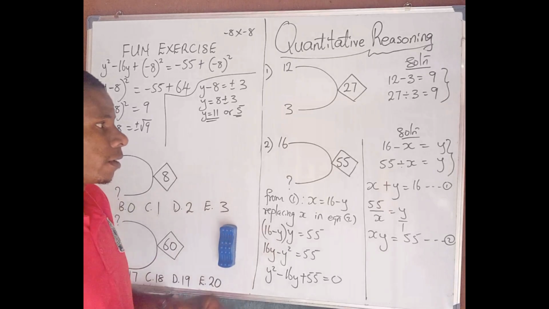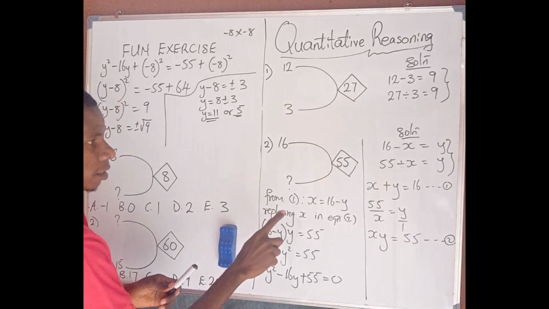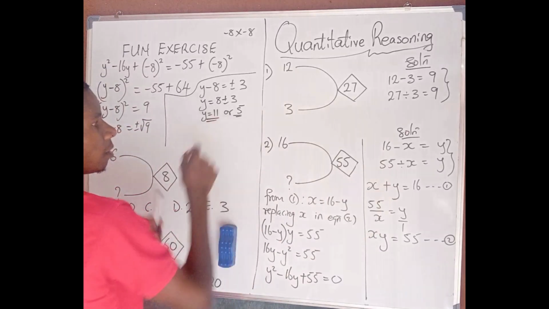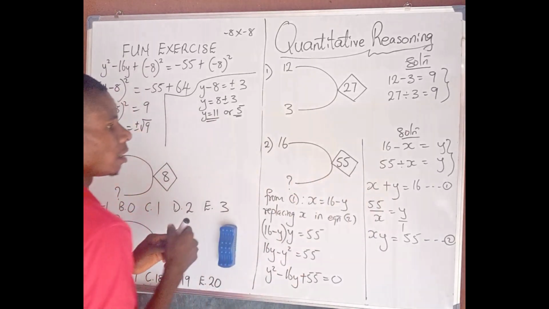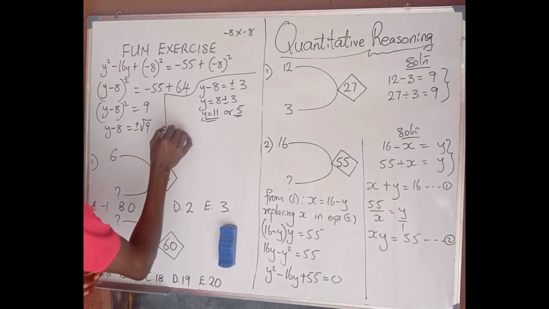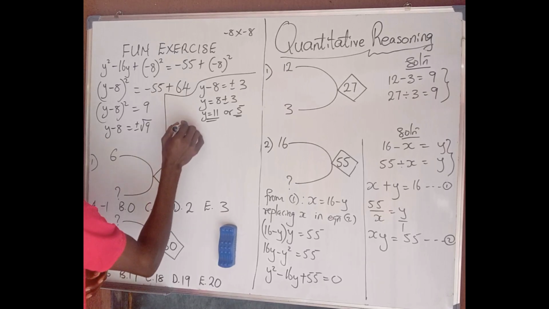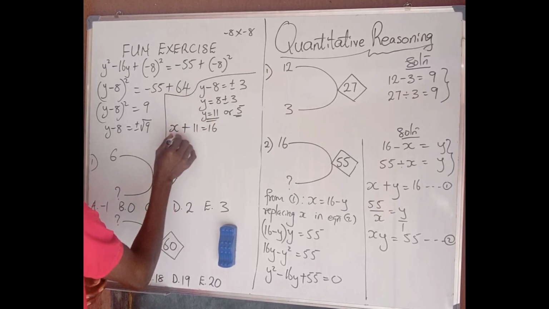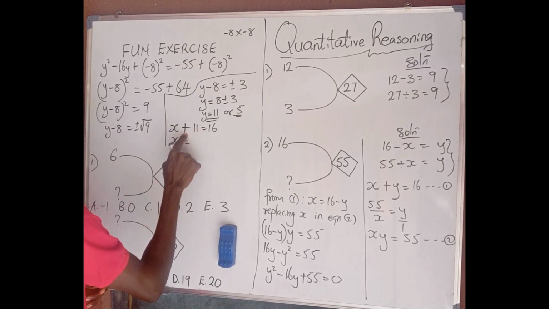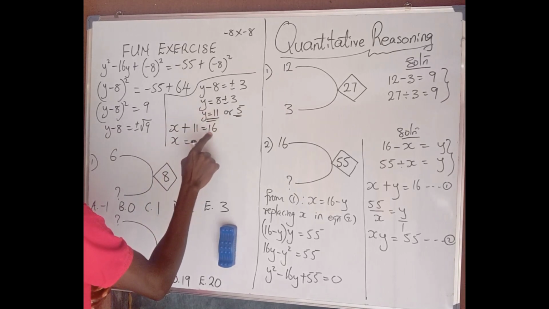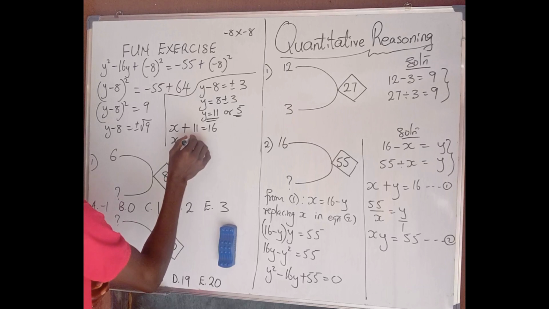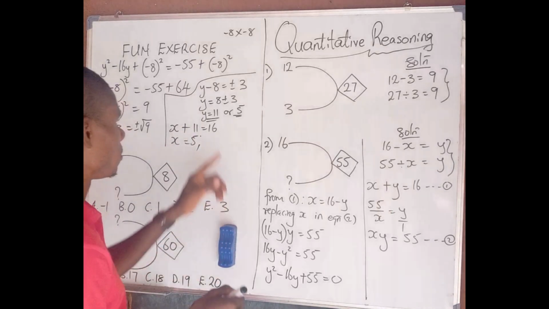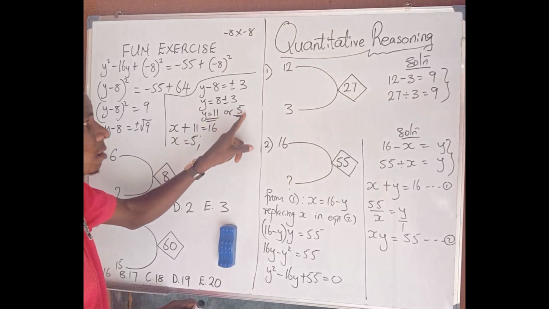Okay, what is the value of x? Then I can pick it from equation 1. When y is 11, let's check the value of x. Our x plus y is 16, so x plus 11 equals 16. Our x should be equal to 16 minus 11, since the positive crossing here becomes negative, and that will give us 5. Then let me check the value of x when y is 5.